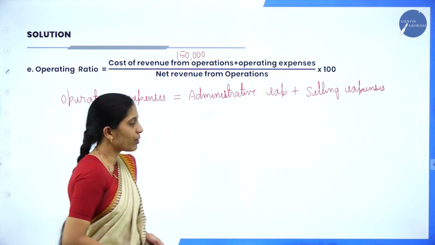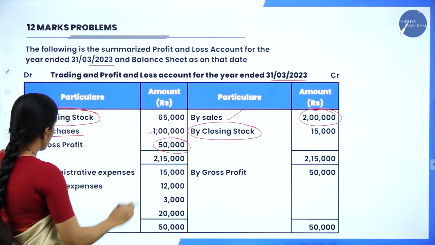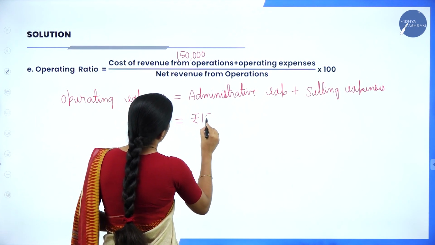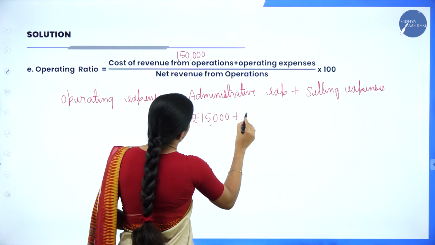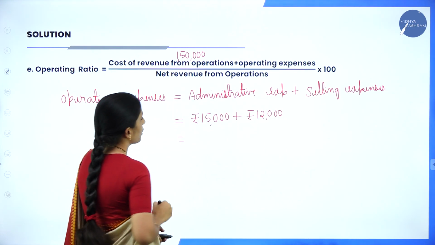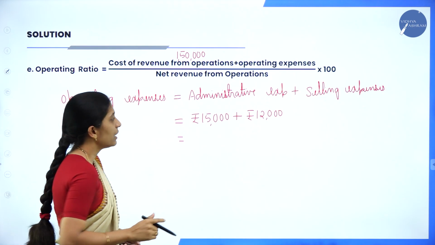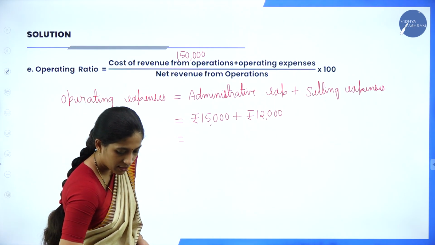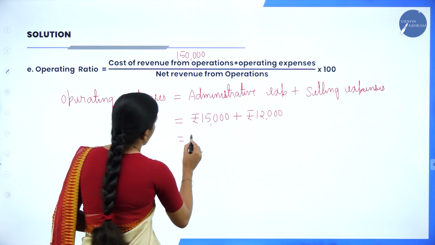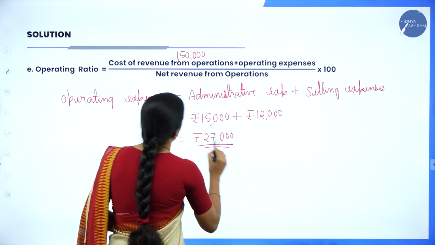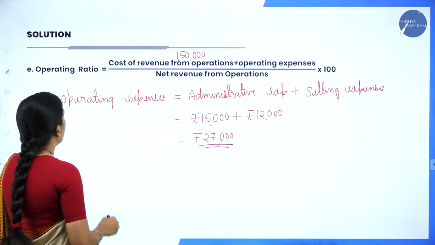So rupees 15,000 plus rupees 12,000, that will be rupees 27,000.